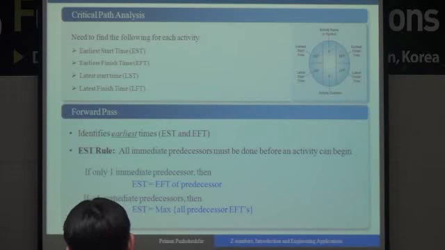These are necessary for calculating the time in a crisp environment. If one activity has just one precedent, its earliest start time is equal to the previous activity's earliest finish time. This is the forward pass. We have two kinds of passes for calculating this duration. If there is more than one precedent, we should use the maximum of them.